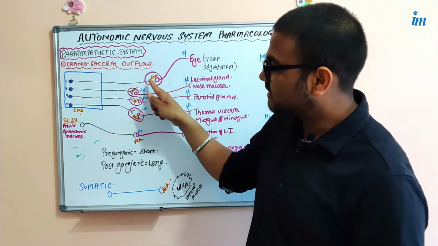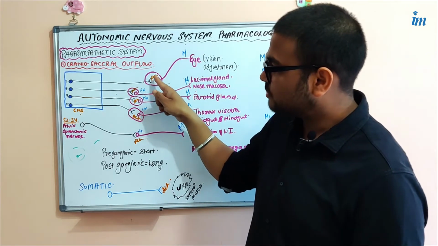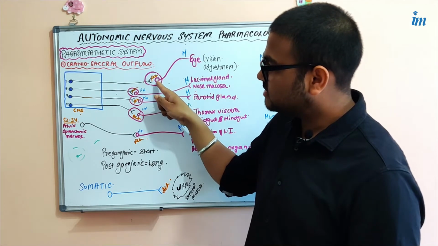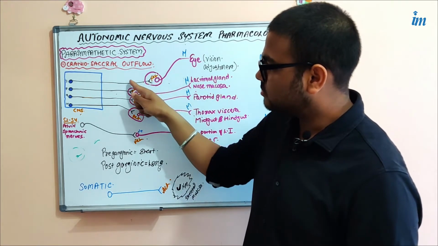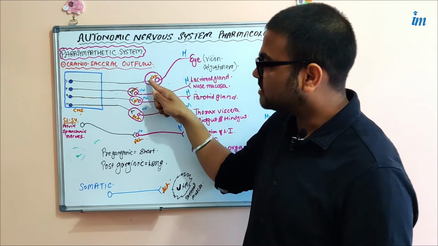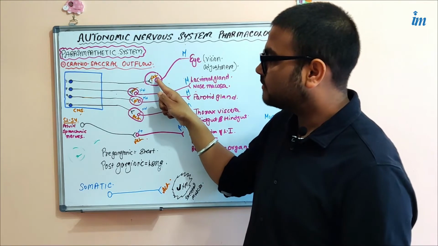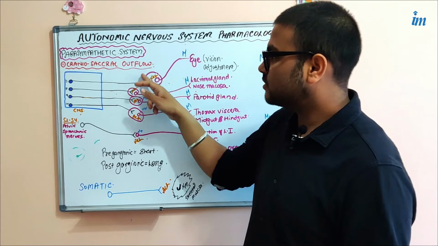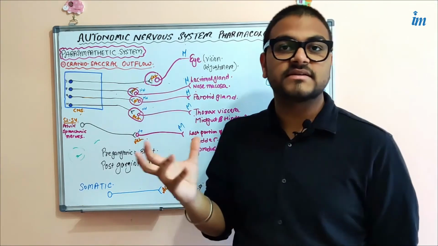Synapse means that this neuron is going to form a synapse with this neuron. This is the last part of the preganglionic neuron, and it is going to release neurotransmitter on the head of this neuron. This structure is called the ganglion.